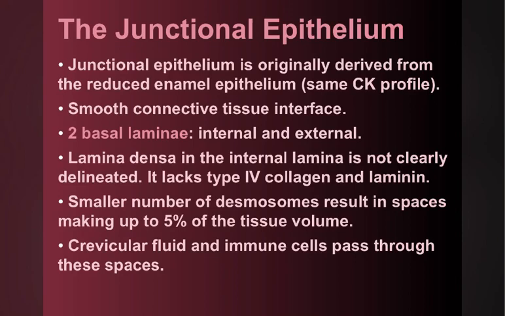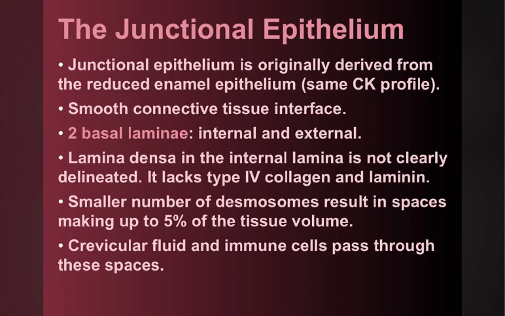So the internal basal lamina of the junctional epithelium is a modified basal lamina because it lacks collagen type 4 and laminin. But the external basal lamina, which is toward the lamina propria of the gingiva, is like any basal lamina. It has all the components of the basal lamina in any other part of the body.